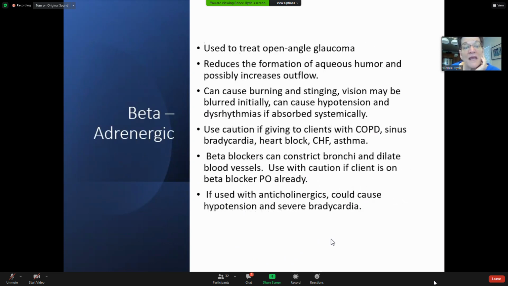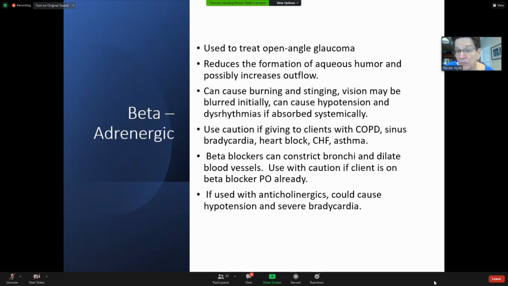Now, your beta adrenergic medications are given to treat open angle glaucoma. And what these do, instead of increasing the outflow, they reduce the formation of aqueous humor. Again, they can cause burning and stinging.